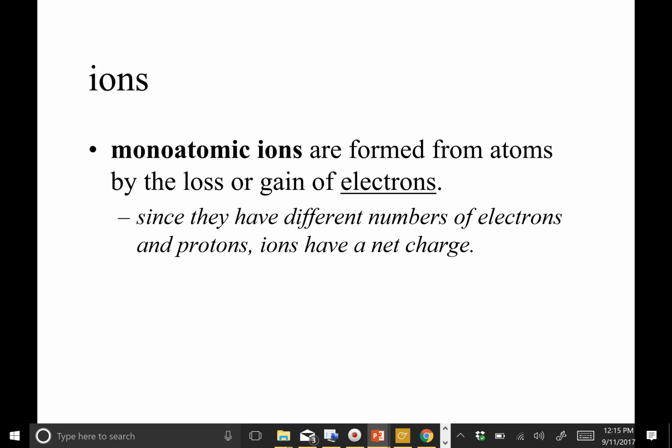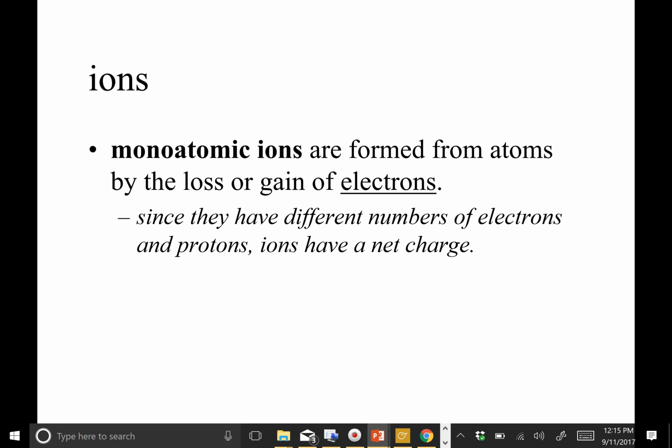We'll be talking more about ions later, but I want to give you an introduction or just remind you how that works. A minute ago, we picked on fluorine. We said it was neutral. So it has 9 protons and 9 electrons. Well, there are some atoms that tend to want to lose electrons and some atoms that tend to want to gain electrons.